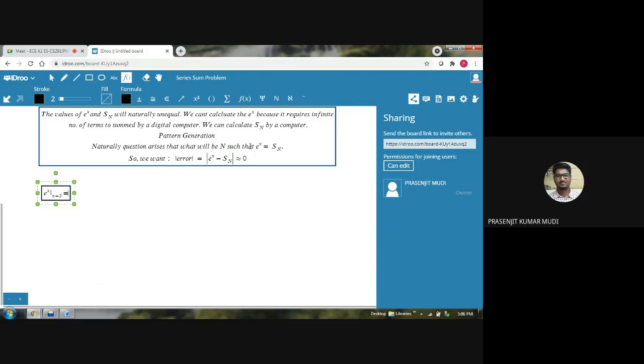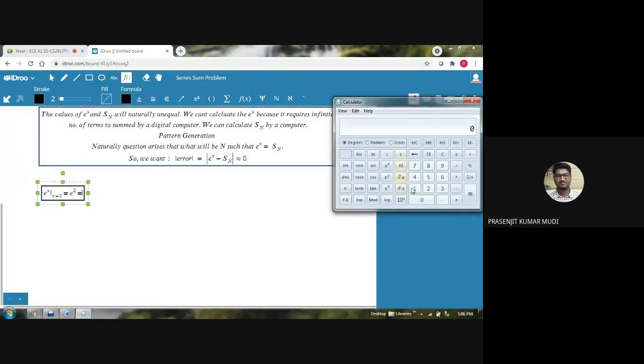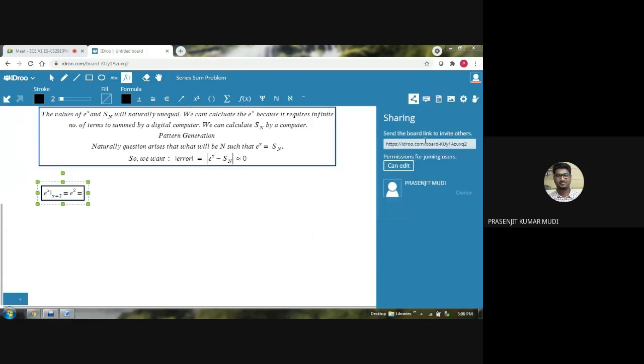If x equal to 2, the value of e to the power x becomes, if you use a calculator, so let me bring a calculator.